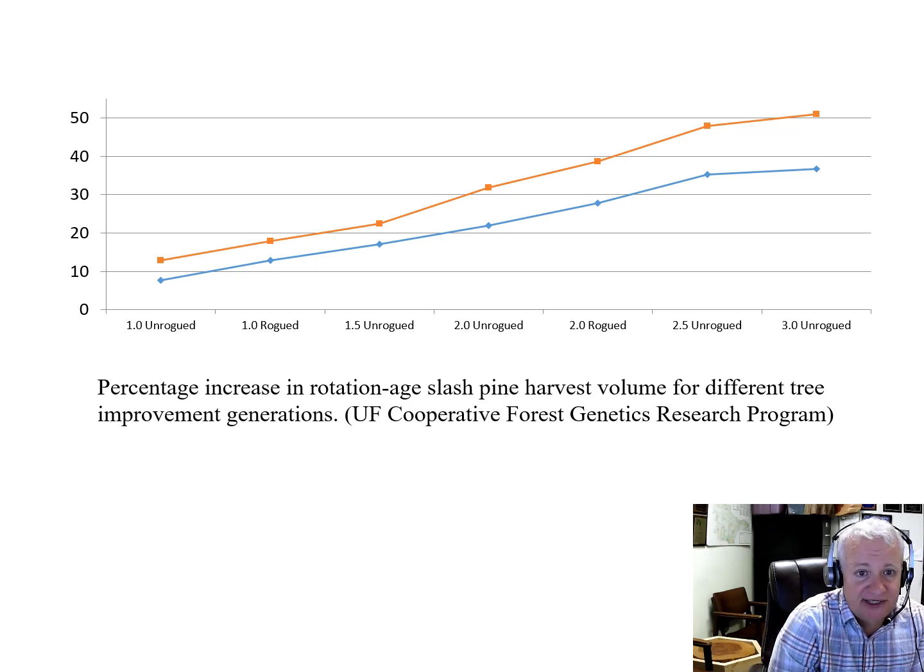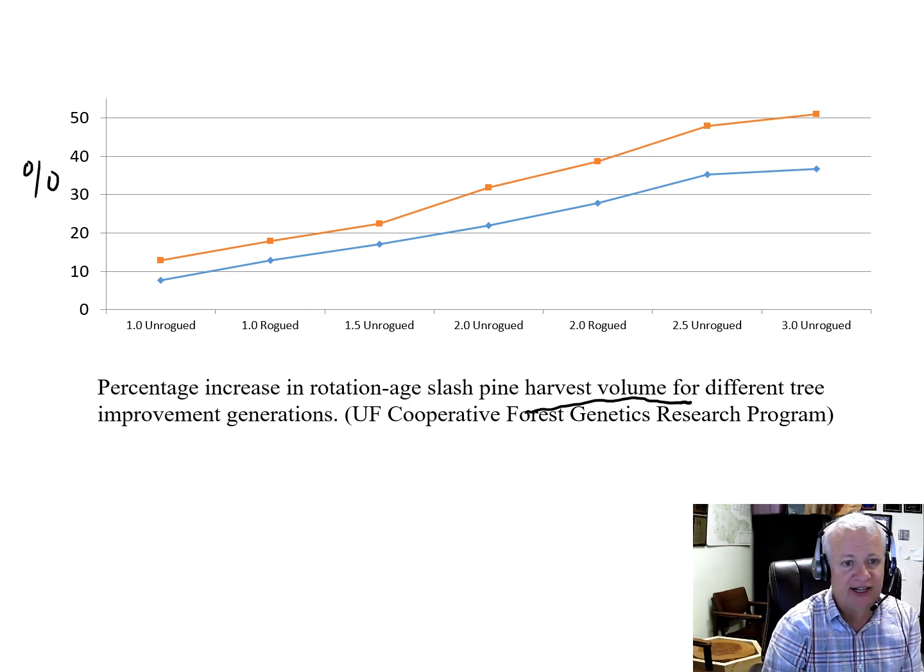And the improvements that you see, this is examples of improvement. So the y-axis is harvest volume compared to wild. So these are percent increased harvest volume relative to wild populations.